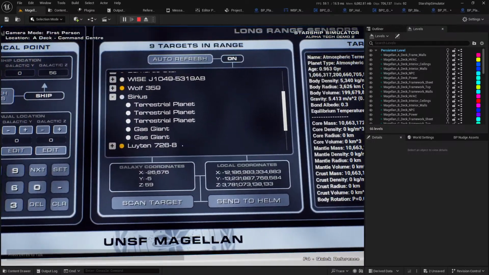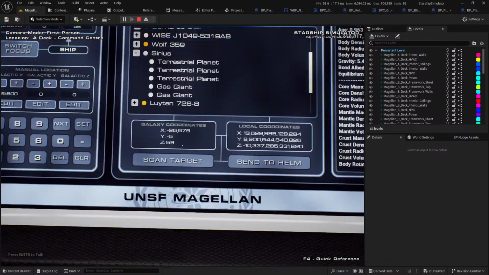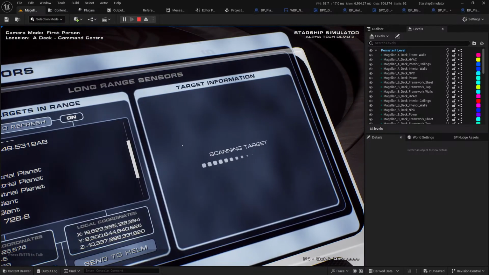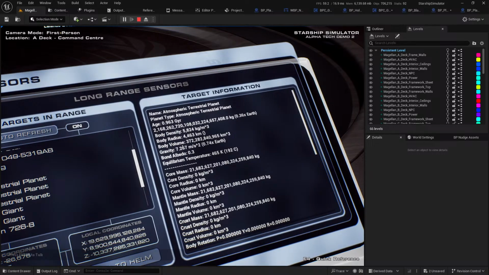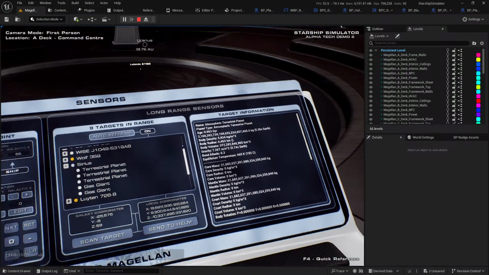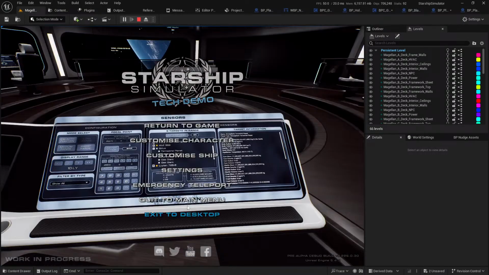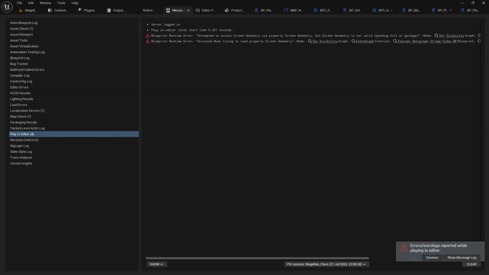Dissimilar from the moon. So the data looks good for terrestrial worlds, but gas giants definitely need some work there.